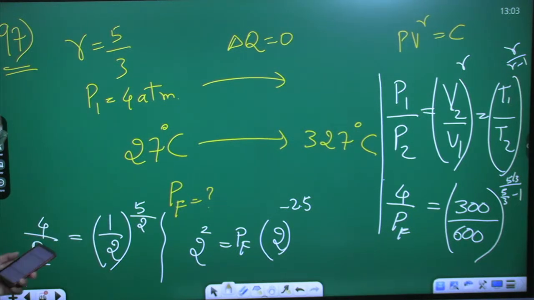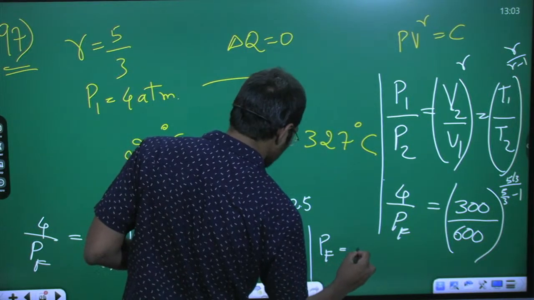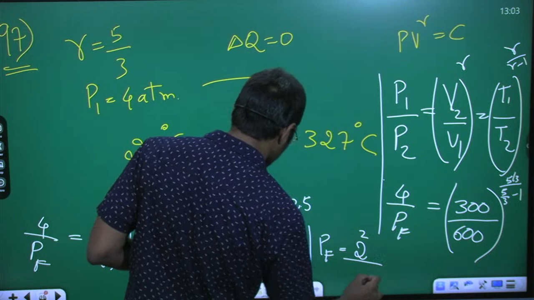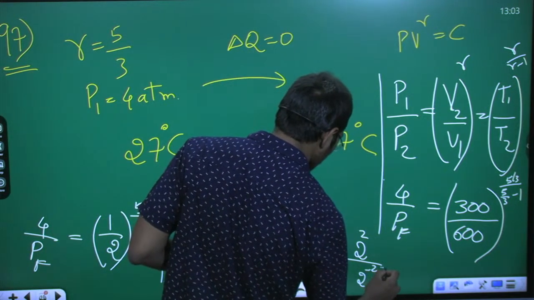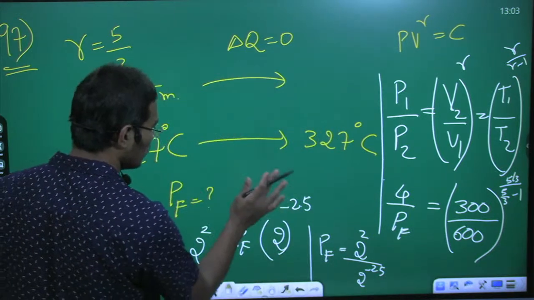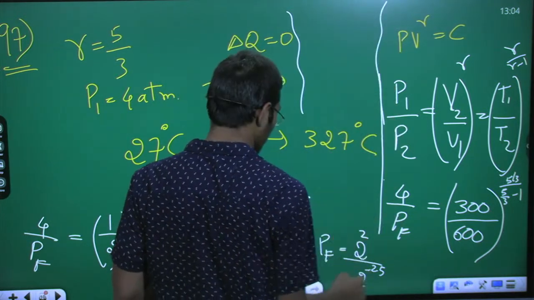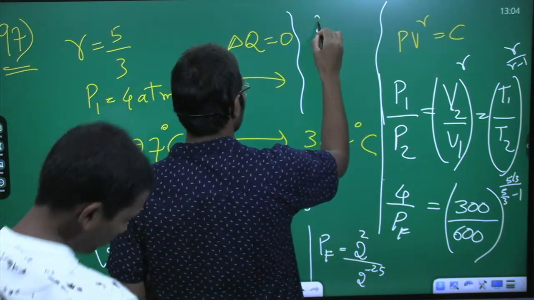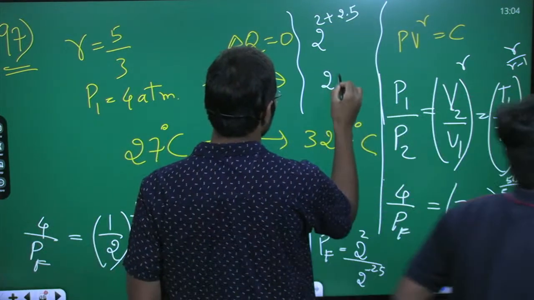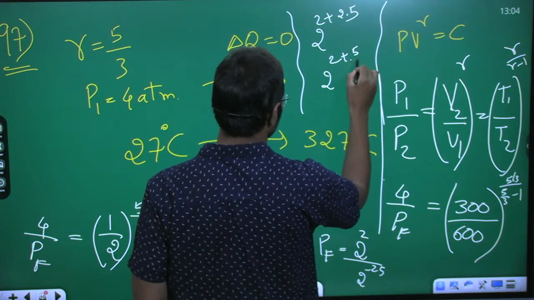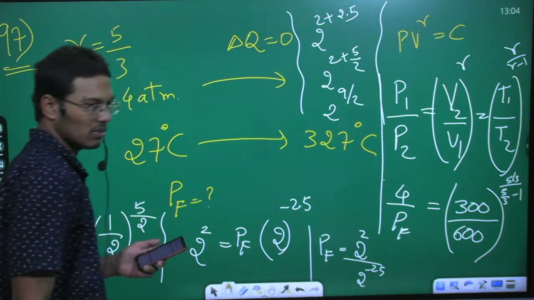So the final pressure is equal to 2 square by 2 power minus 2.5. If I take it into the numerator, 2 power 2 plus 2.5, that is 2 power 2 plus 5 by 2. Hope you got this option.